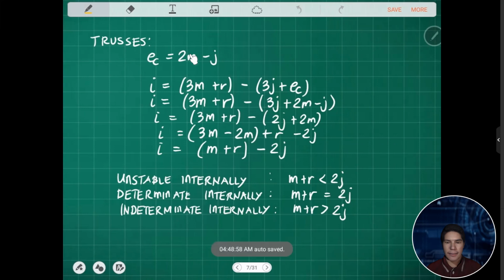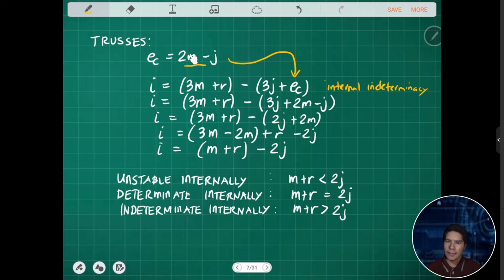so if we substitute the formula for EC in the internal indeterminacy, we'll get 3m plus r minus 3j plus 2m minus j.